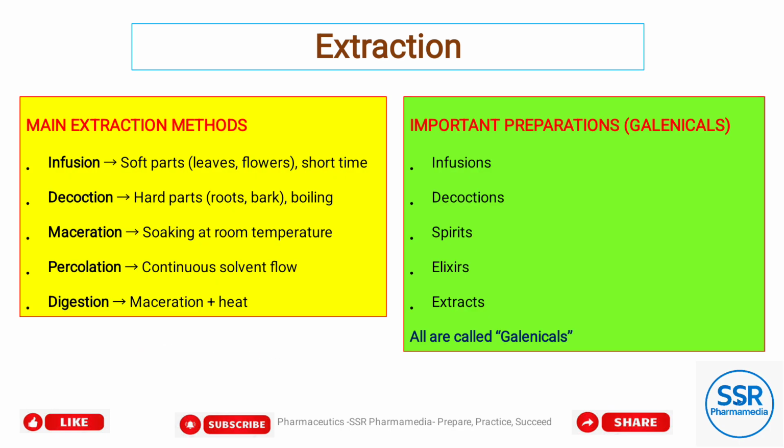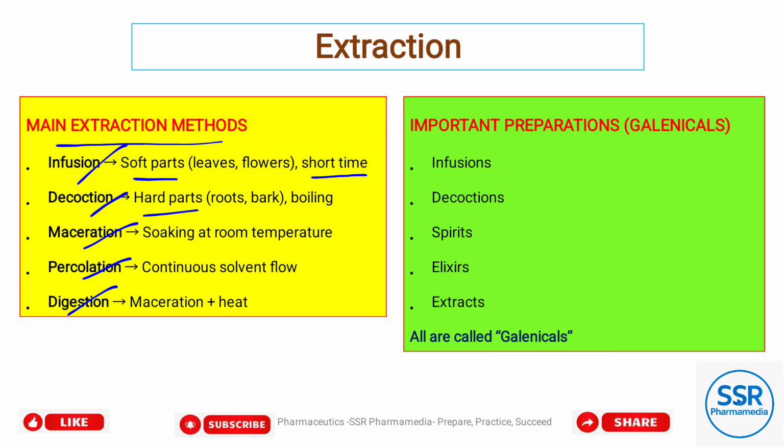Next, the main extraction methods: infusion, decoction, maceration, percolation, digestion. Infusion is for the soft parts and is a short-time process.